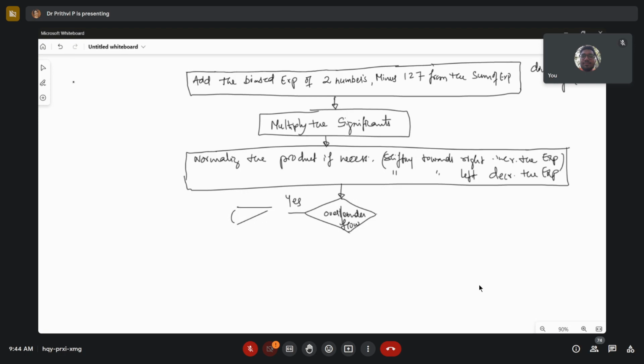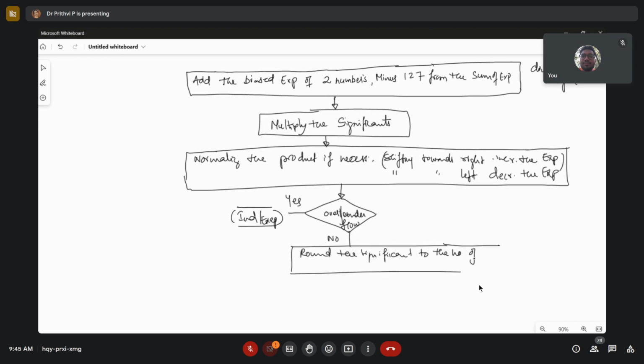Something like in our hardware we go for indication or what you say, exception. Next, if it is not any overflow, what we have to do is round the significand to the appropriate number of bits.